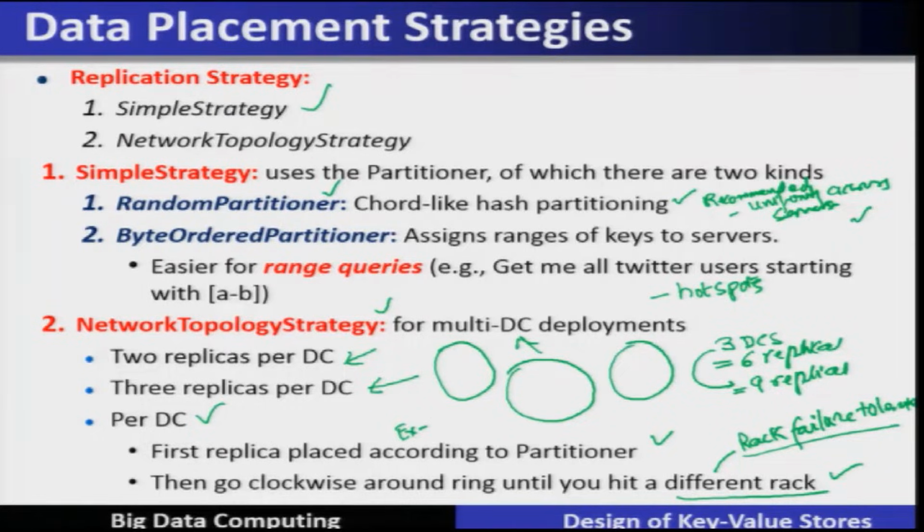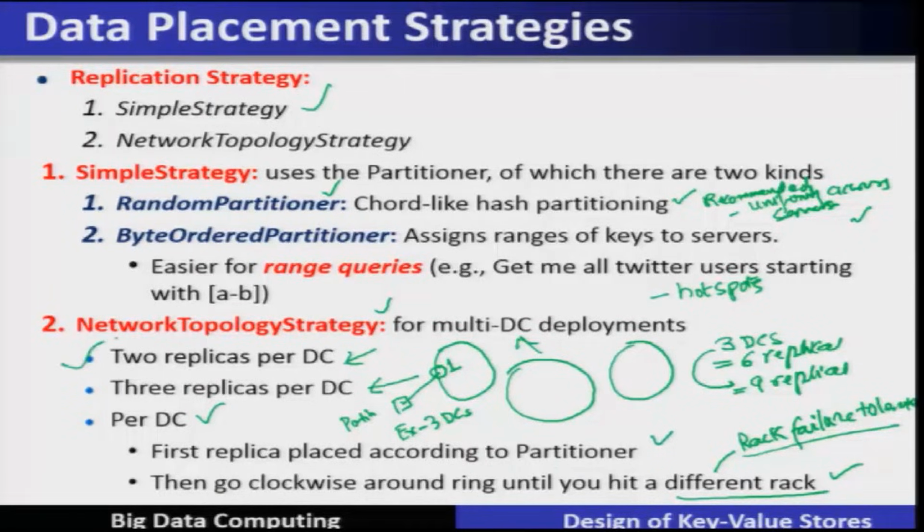in your multi data center deployment there are 3 data centers, which are shown in the figure. The partitioner will place the first replica here. First replica will be placed according to the partitioner.